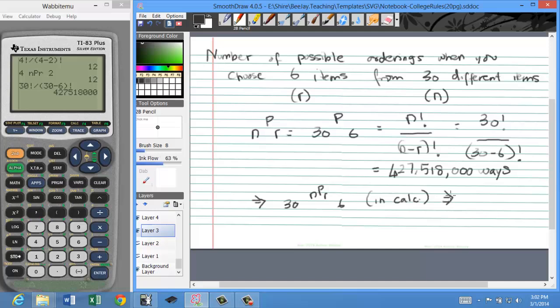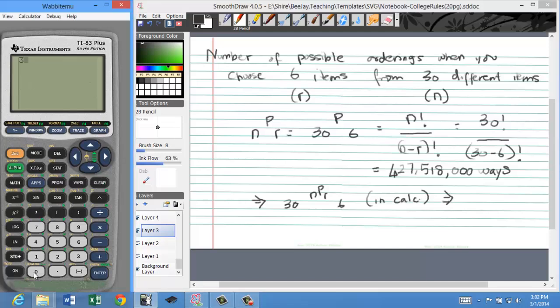So if you look on the left hand side, I could just press 30 followed by math, over to option 2, followed by 6. Press enter, I get the same answer. It's 427,518,000 ways.